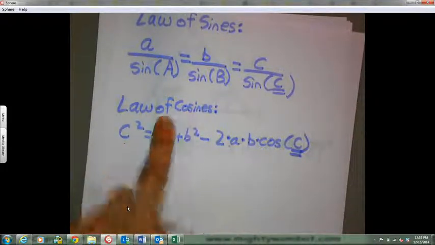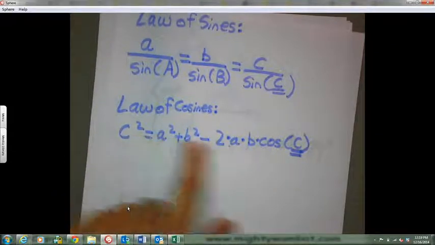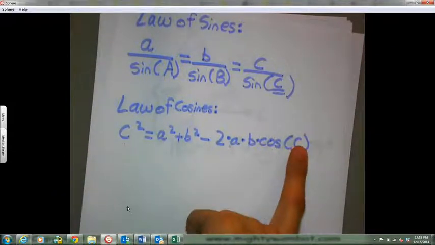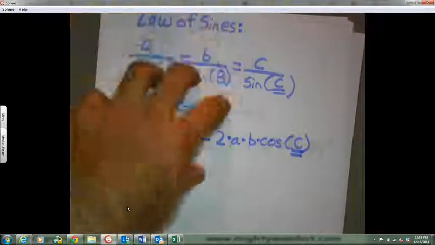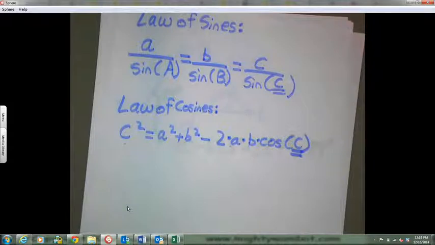In order to use law of cosines, you must know 3 out of those 4 things. With any equation, you can only have 1 unknown variable to solve it effectively. So law of cosines is used when, maybe you have all 3 sides and you want to find that angle.